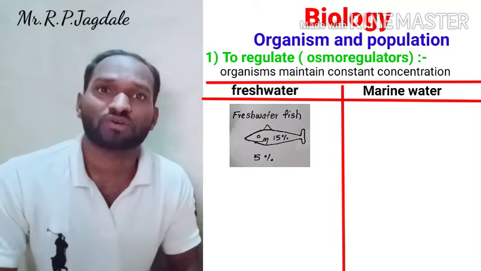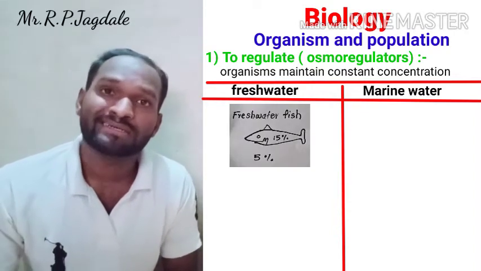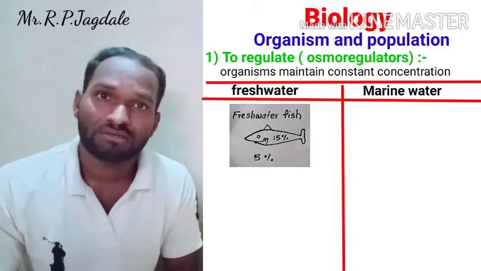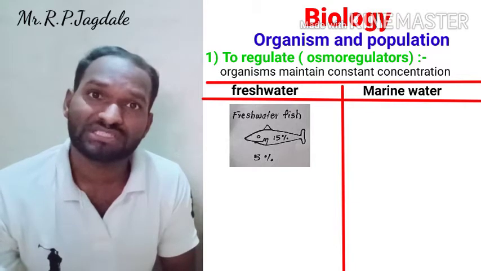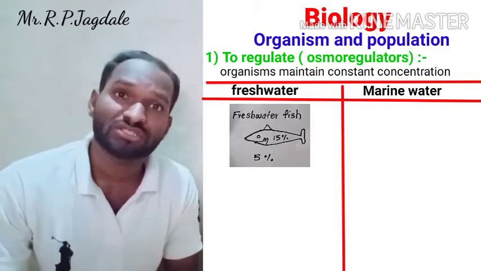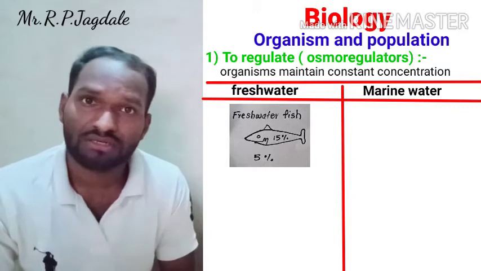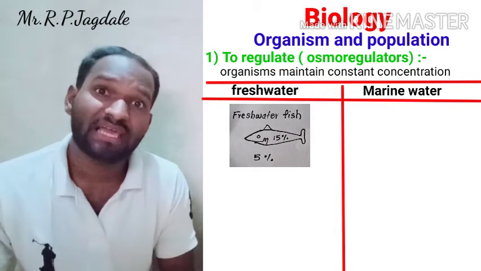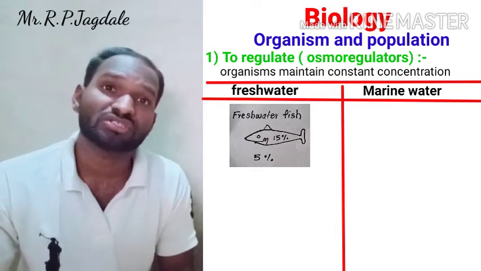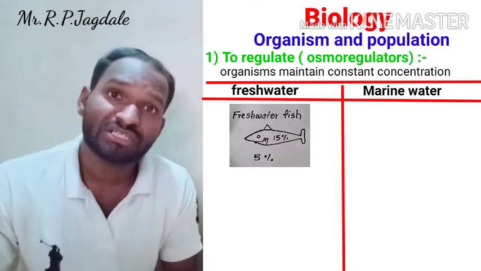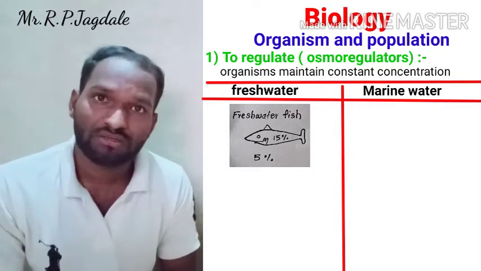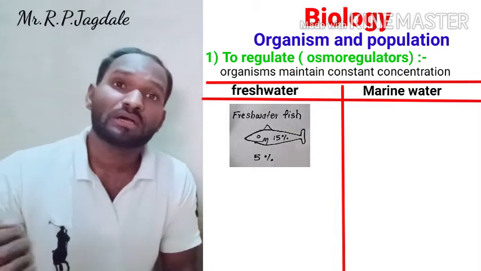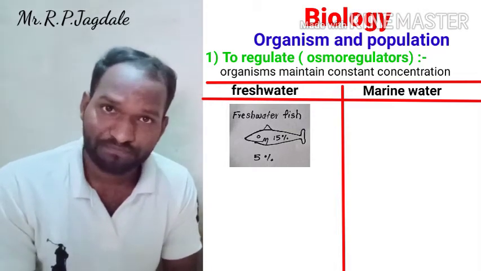First we will see fresh water. In fresh water, the osmolarity is nearly 5%, and we have taken the example of a fish with an internal ion concentration of 15%. Now, if this fish is an osmoregulator, it is able to maintain its constant internal concentration of 15%. What problems are there, and how does this fish overcome them?